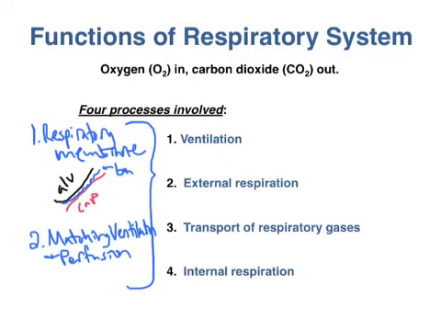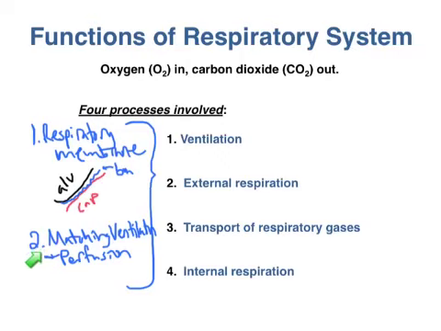Okay, so external respiration we've talked about so far depends on the structure of the respiratory membrane, the fact that it's thin, also that there's a huge surface area for gas exchange. It depends on matching ventilation and perfusion so that oxygen can be carried away by the blood, and blood is only going where there's oxygen to be found.